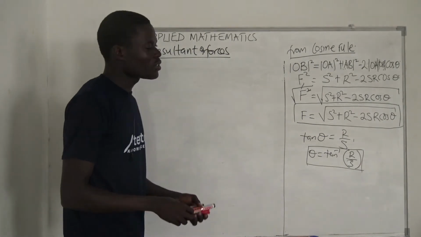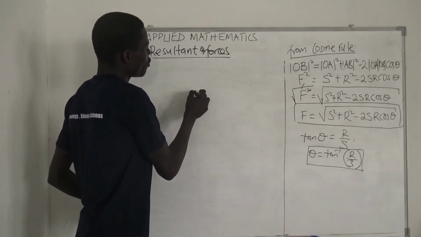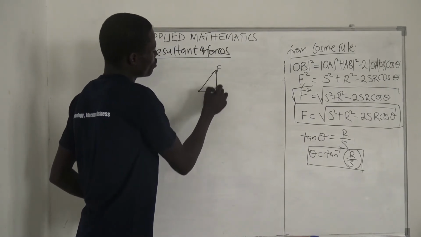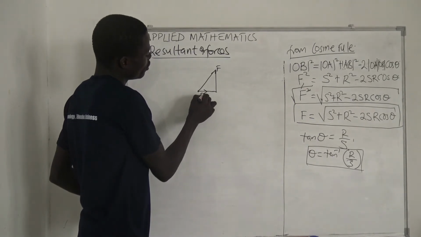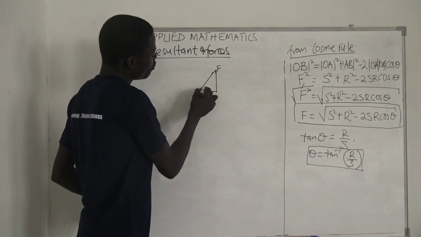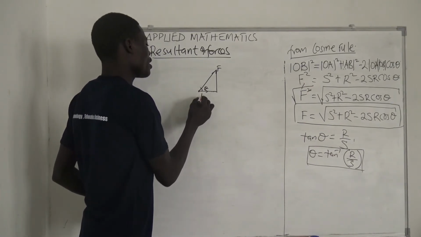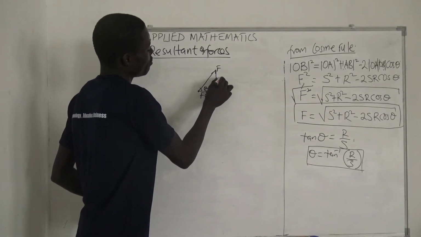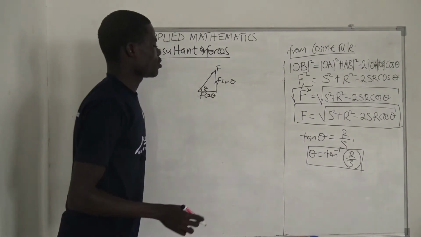Take for example, if a force is F, this force has both horizontal and vertical components. The vertical component is F sine theta, and the horizontal component is F cos theta. Then they go in that direction.